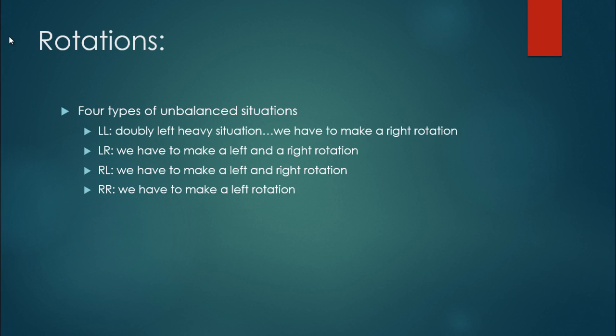We have the situation when there's an unbalanced situation that is right heavy followed by a left heavy situation. Then we have to make both right and left rotations. And of course, we have the situation when both of the situations are right heavy, and then we have to make a left rotation.